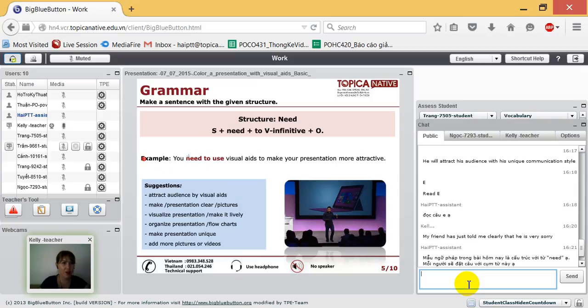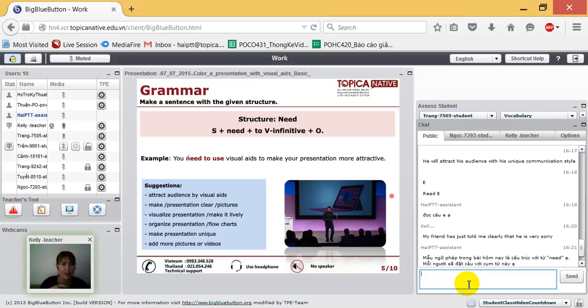Okay, so Trang, could you please create a sentence using this structure? Yeah. You need to attract audience by visual aids to make your presentation more attractive.